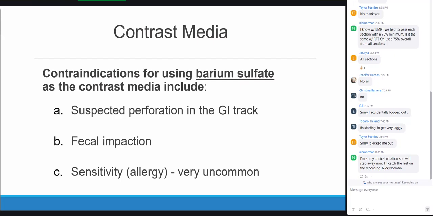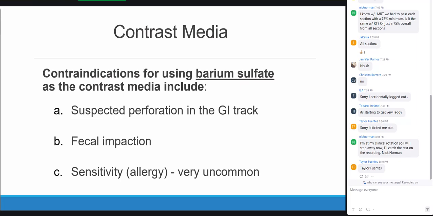And probably 23, 24 years ago, we had a student that had a reaction to the barium sulfate. They had a sip and they had a reaction, and of course, cut that off. So no more drinking the barium on school time.